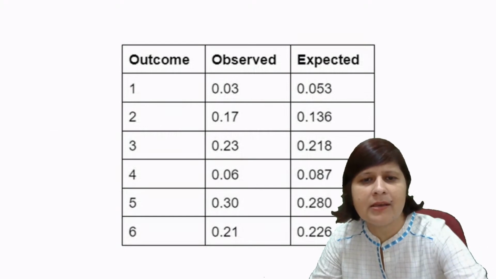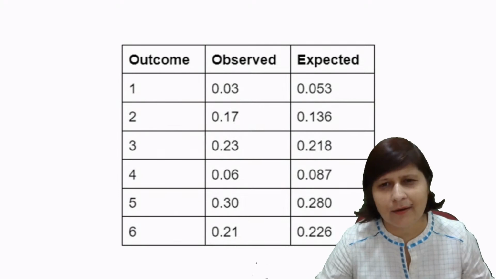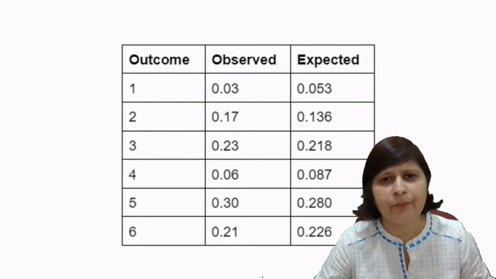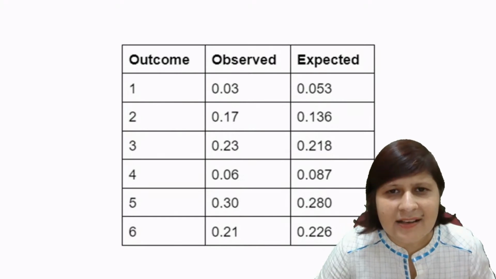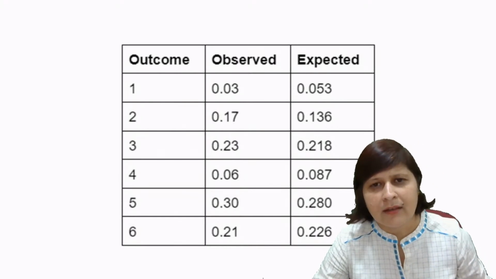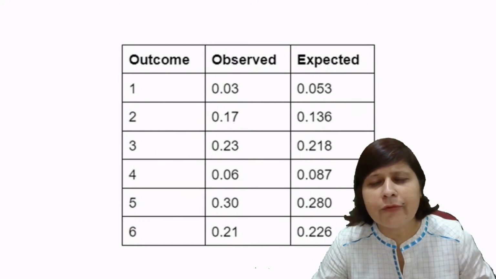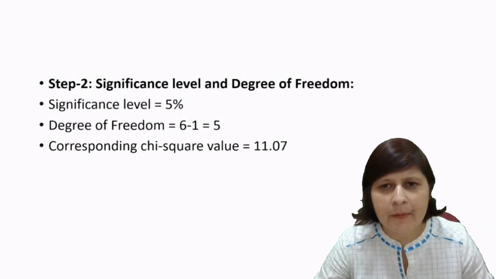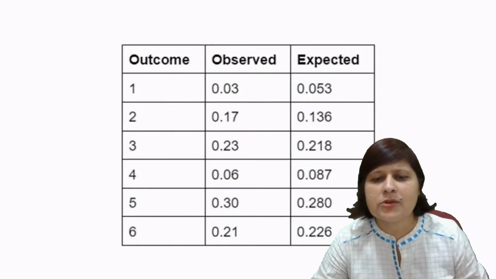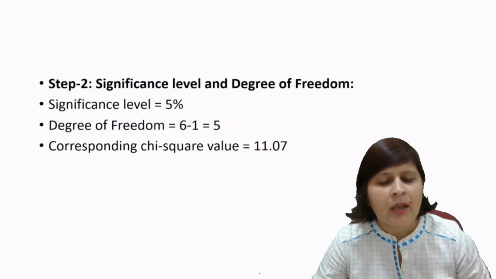Degree of freedom is the number of classes minus 1, k minus 1, where i equals 1 to k. In this there are 6 classes, so 6 minus 1 is 5, so the degree of freedom is 5.